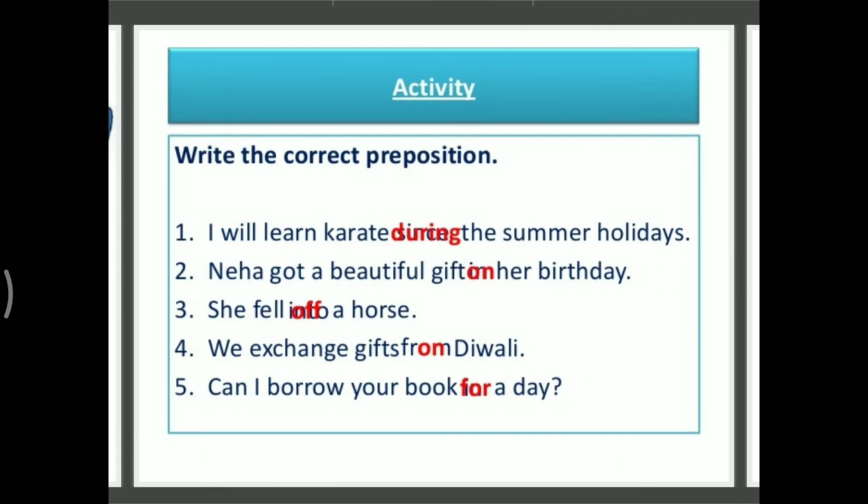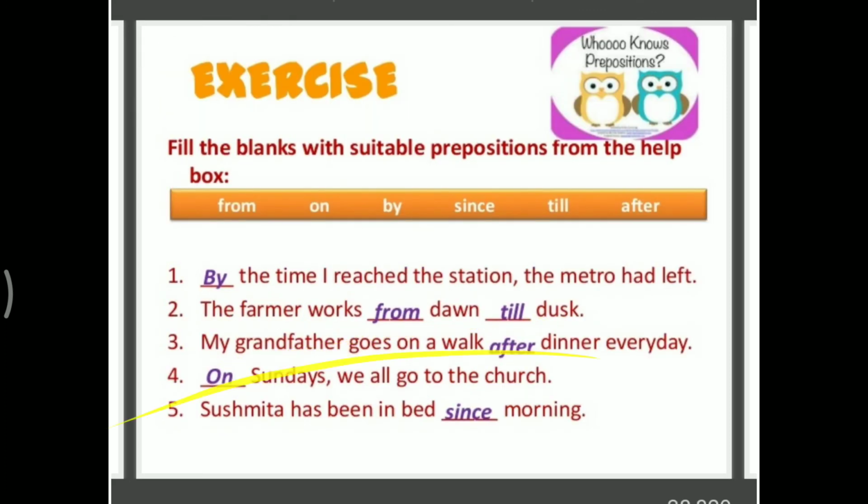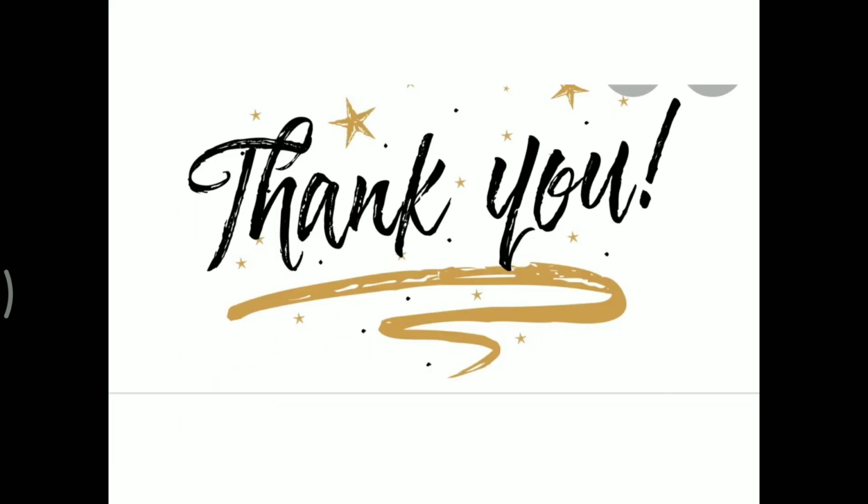Like that, here is one more activity given for your practice. You have to do all the activities given for your practice. Read them carefully, think about how those prepositions have been used, and also find out which category each comes in.